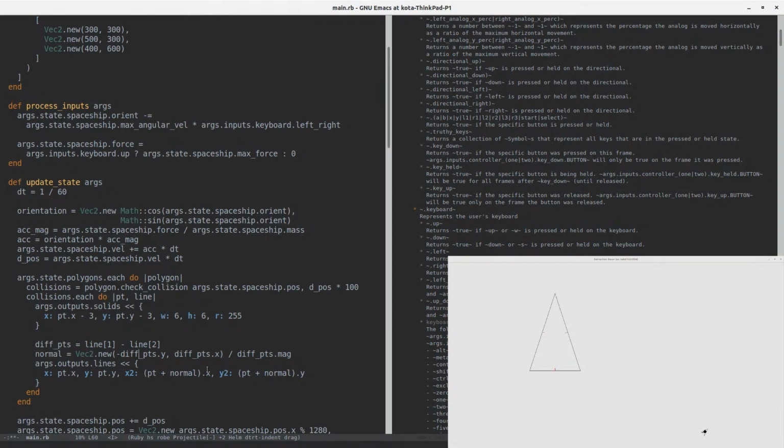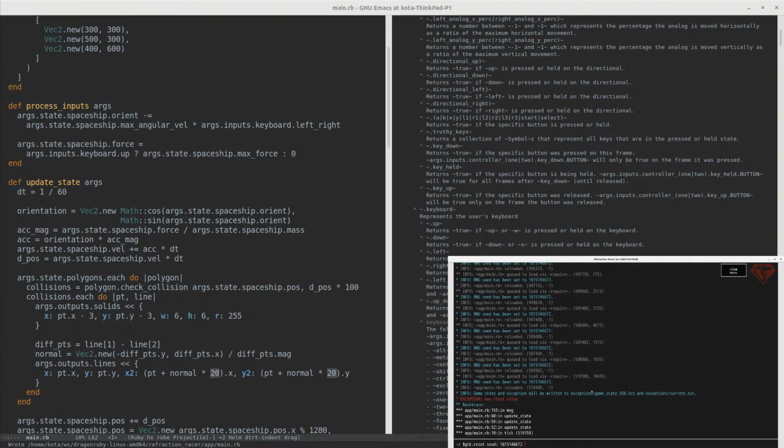So points, normal, and we'll also just multiply this by some value. We'll do times 10, or times 20 maybe, and that will give us, maybe that will give us what we want. Let's see. Well, no, that did not like that.